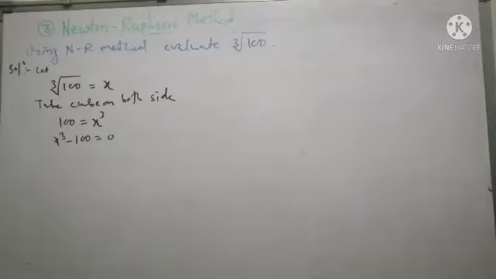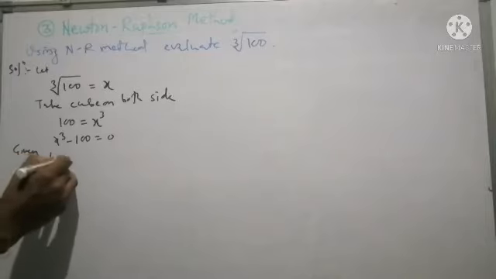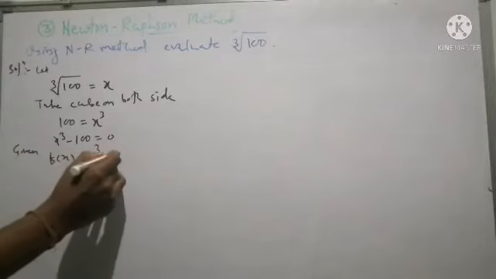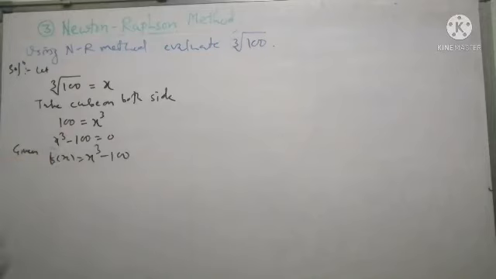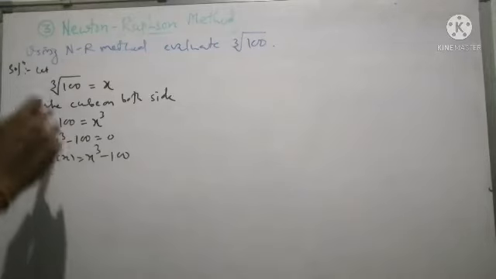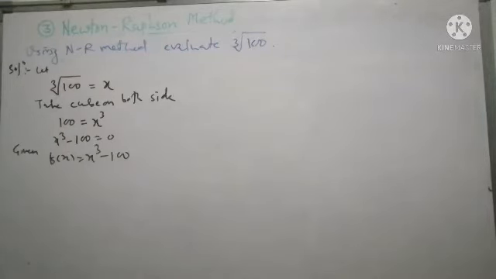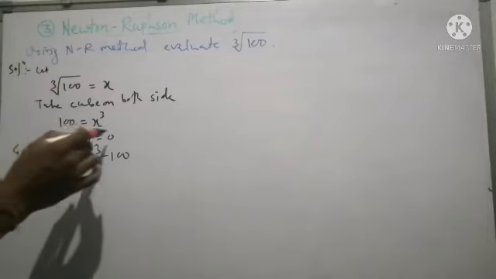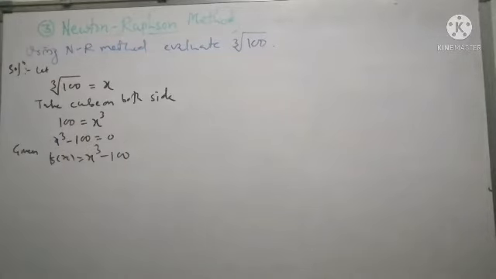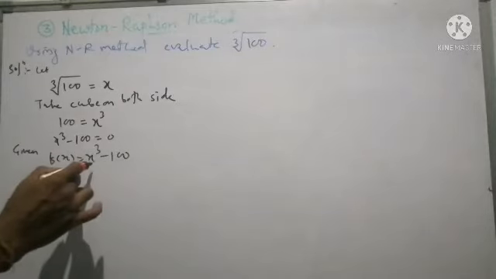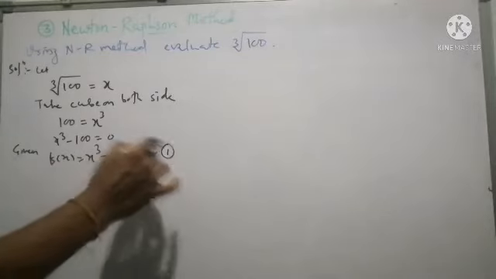As 0 is on the right hand side, we take f of x equal to x cube minus 100. Now the solution of this algebraic equation is x, which is the value of the cube root of 100. So finding the cube root of 100 means we have to find the solution of this algebraic equation, in which f of x is x cube minus 100. We put it as number 1.